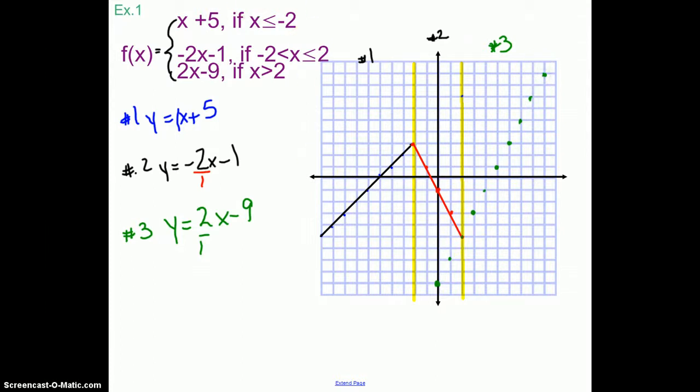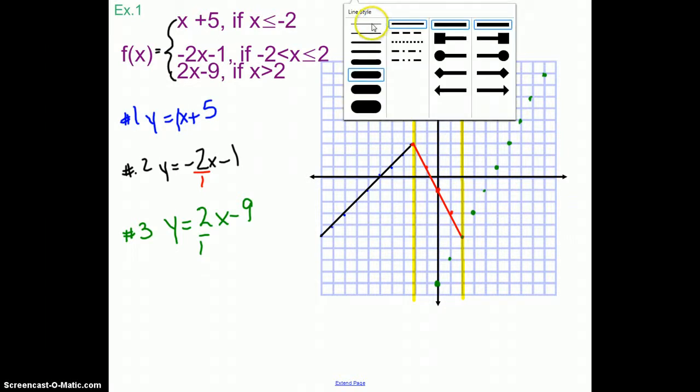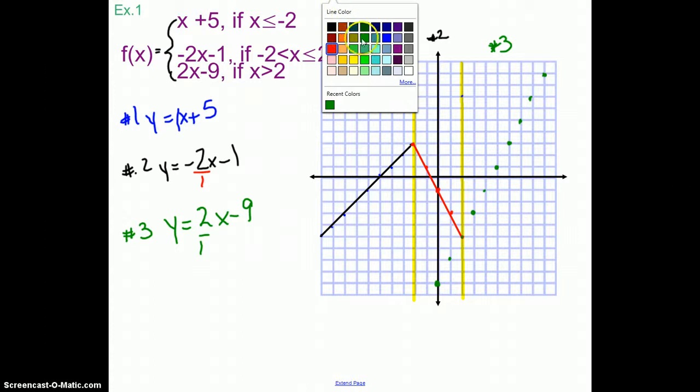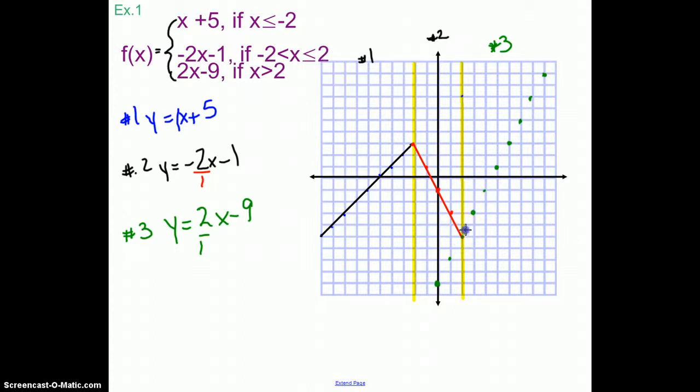Now the thing is, when I make this one, because it's only supposed to be in part 3, hang on, I'm going to make my line. I'll make it in green just so you can see it. I can only do the ones that are here, which means I have to get rid of anything here.